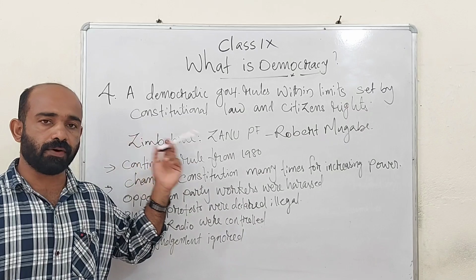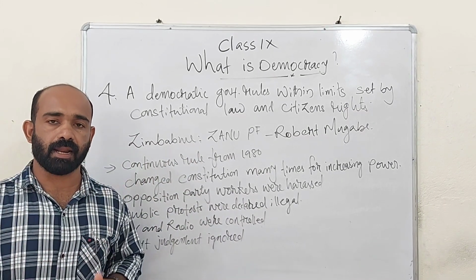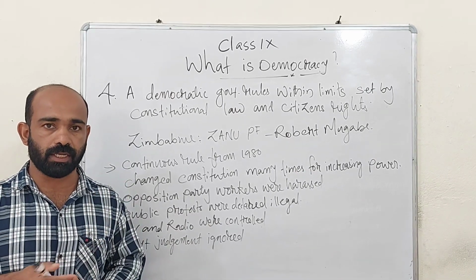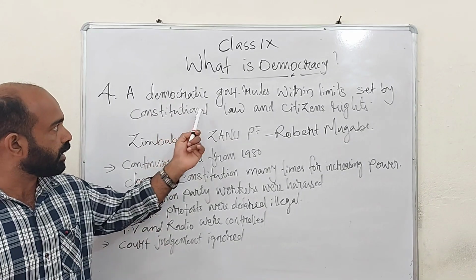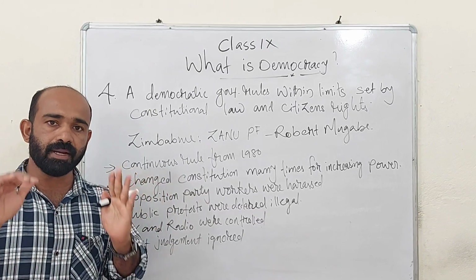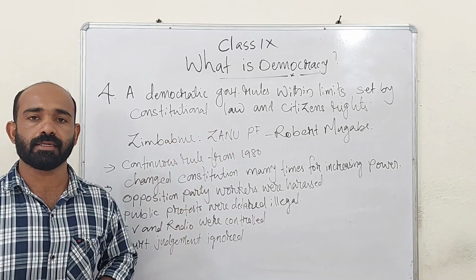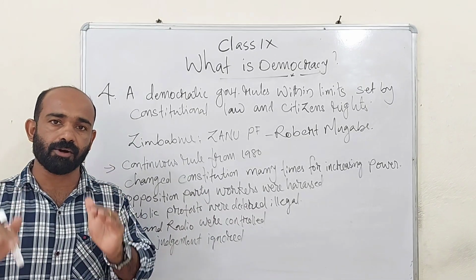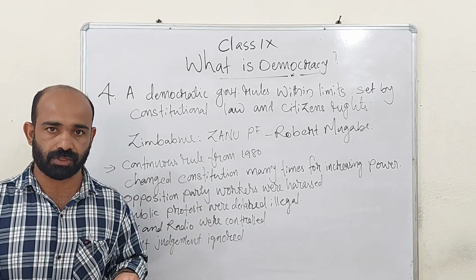Now, let us see the fourth and final feature of a real democracy. If a country wants to be called a real democracy, this feature also must be there. A democratic government rules within limits set by constitutional law and citizens' rights. Which means an elected government cannot do whatever it wants, whatever it likes.